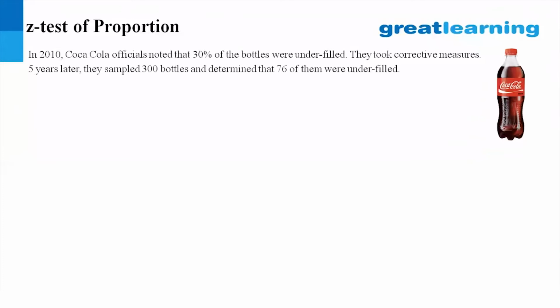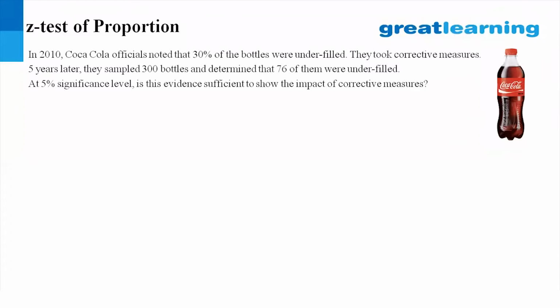5 years later they sampled 300 bottles and they determined that 76 of them were still underfilled. Now you want to test whether or not you can claim that some corrective measures have been taken. So it was noted that 30% of the bottles were underfilled.